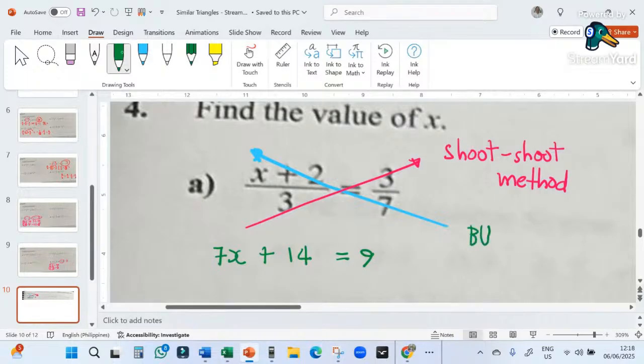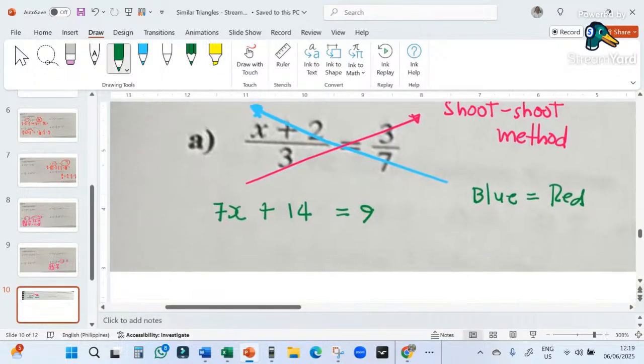So that is blue, the product of blue equals the product of red. Okay, blue equals red. They are all products.